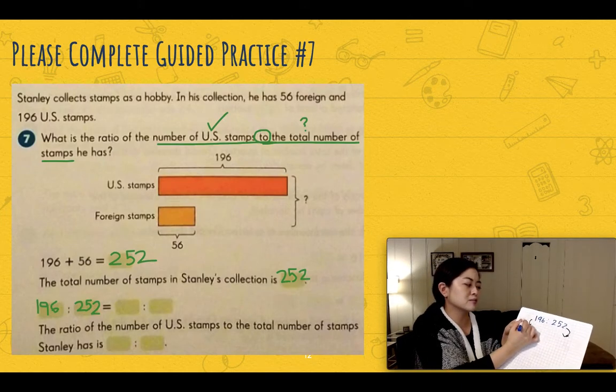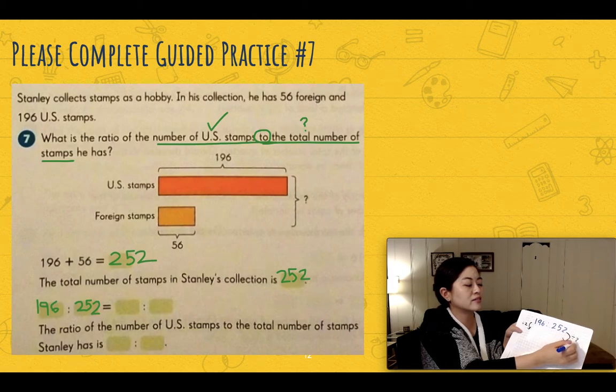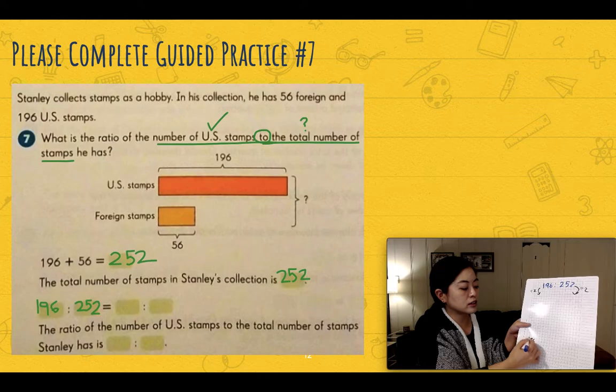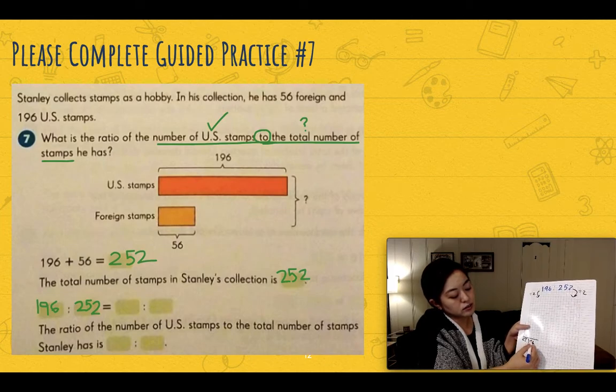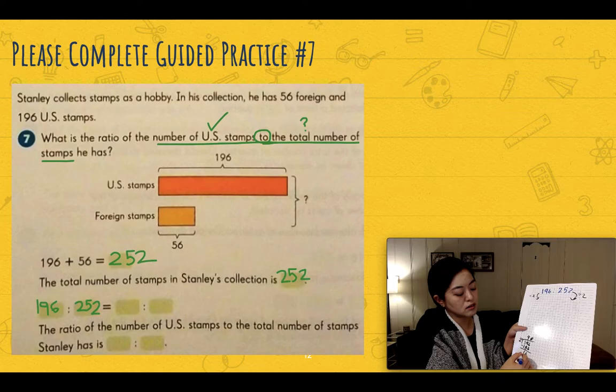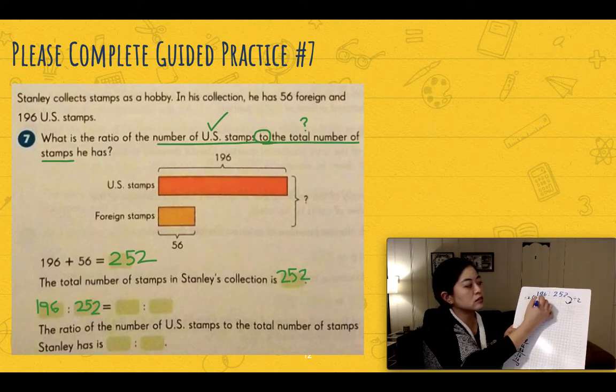That's a really small number to start with, but I'm going to do my extra work here. 196 divided by 2: 2 times what gets to 19? 9, minus 18 is 1, drop down the 6, 8 times 2 is 16, minus 16 is 0, so that would be 98.